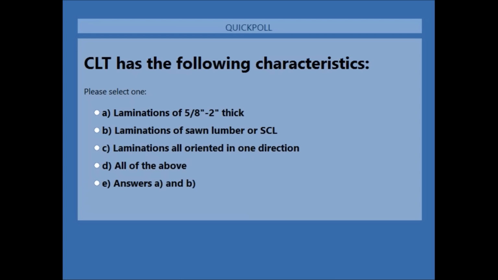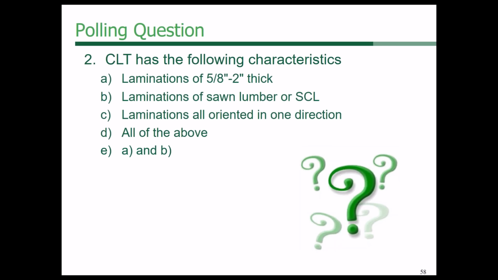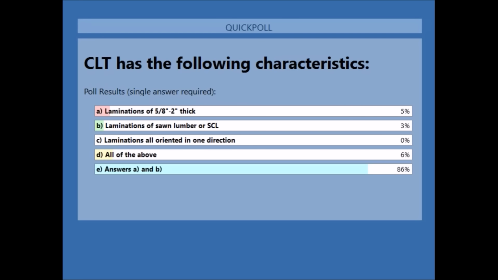All right, because we've got a lot to get through, I'm going to close and share. We've got 86% saying answers A and B, 6% all of the above, 5% A, 3% B. And the real answer is?